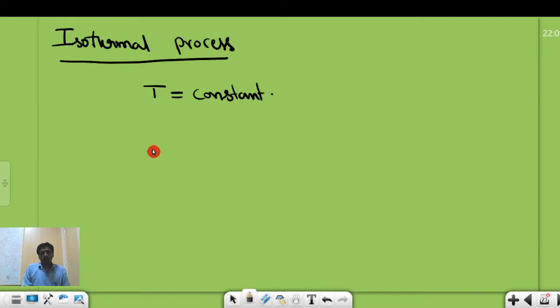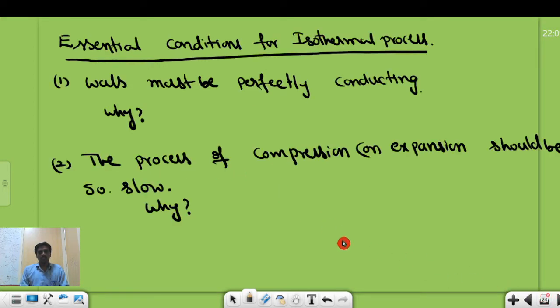To maintain the temperature of the system at a constant, the system must have special essential conditions. Only then can the temperature of the system be maintained at a constant temperature. So what are the essential conditions for the isothermal process? There are two main essential conditions for the system to undergo an isothermal process.